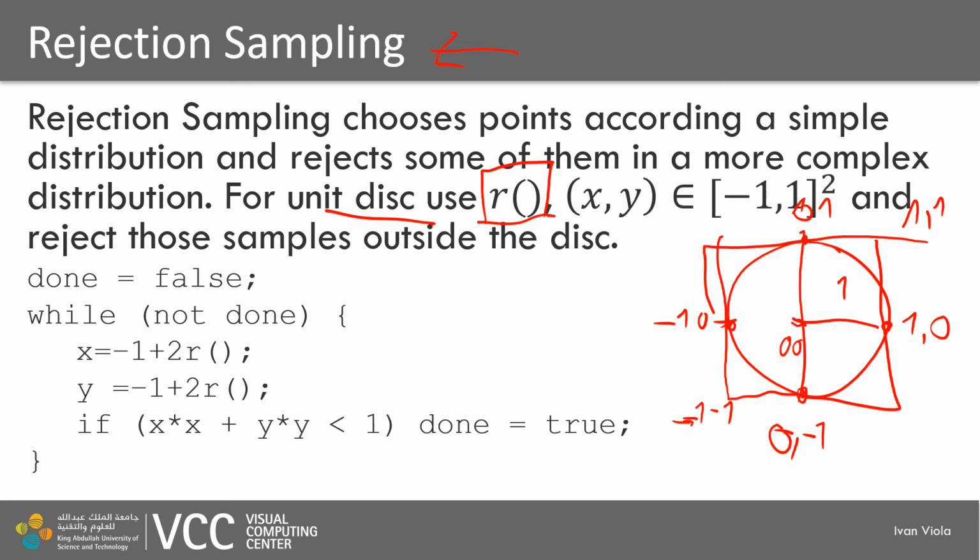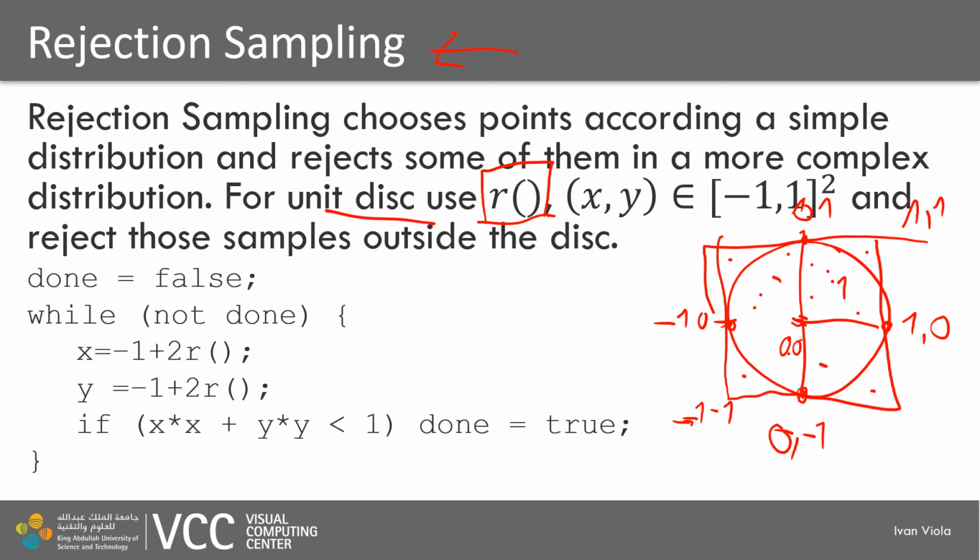And every time a sample comes outside of this disk, we reject it. So we only take samples which are inside this disk.